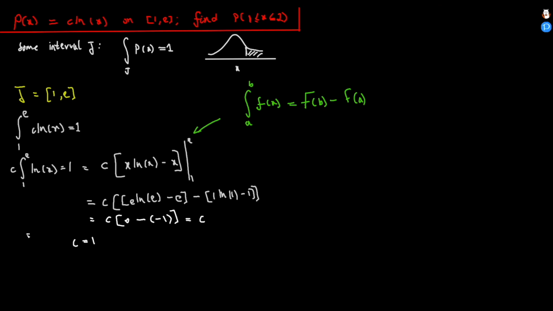So just to make it clear, the integral over j of p of x dx equals c, which equals 1.